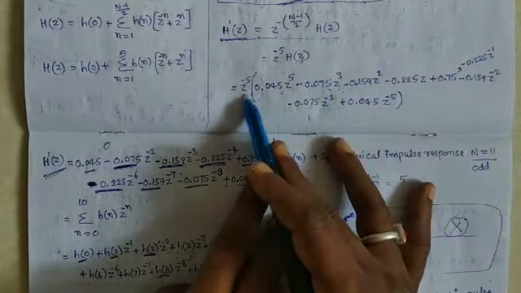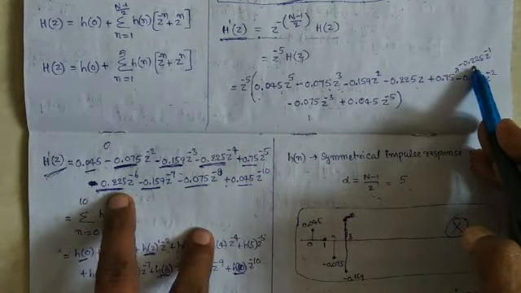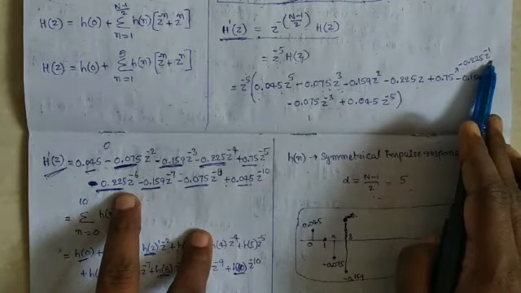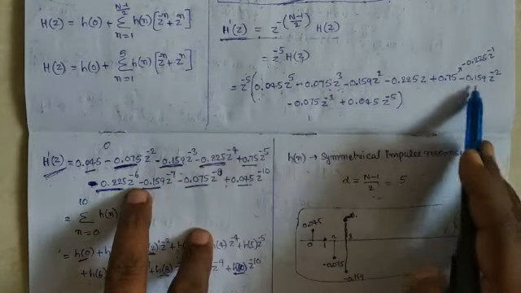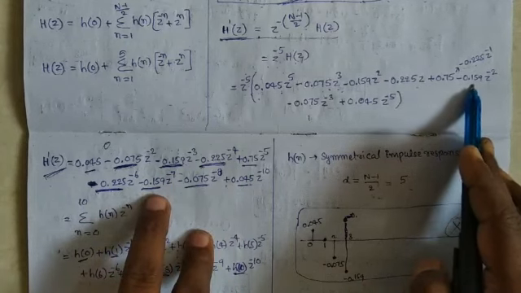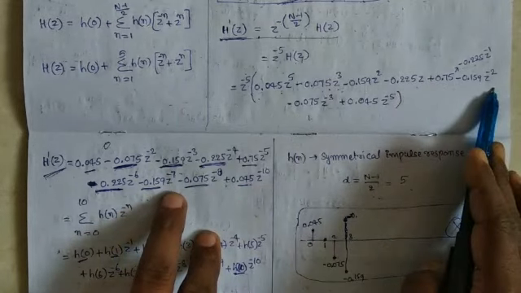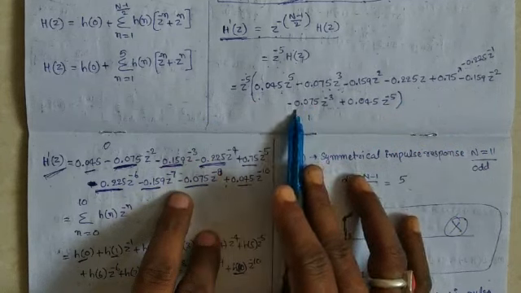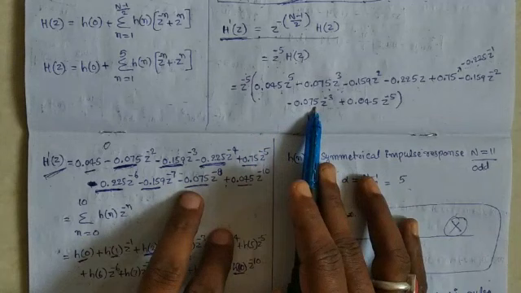Then multiplying z power minus 5 with this term, here minus 0.225, here z power minus 5 into z power minus 1, z power minus 6 it is. Similarly, this z power minus 5 is multiplied with this term, means resulting value is what? Minus 0.159. Z power minus 5 into z power minus 2 means z power minus 7. Here similarly, this z power minus 5 is multiplied with this term. Resulting value is what? Minus 0.075.